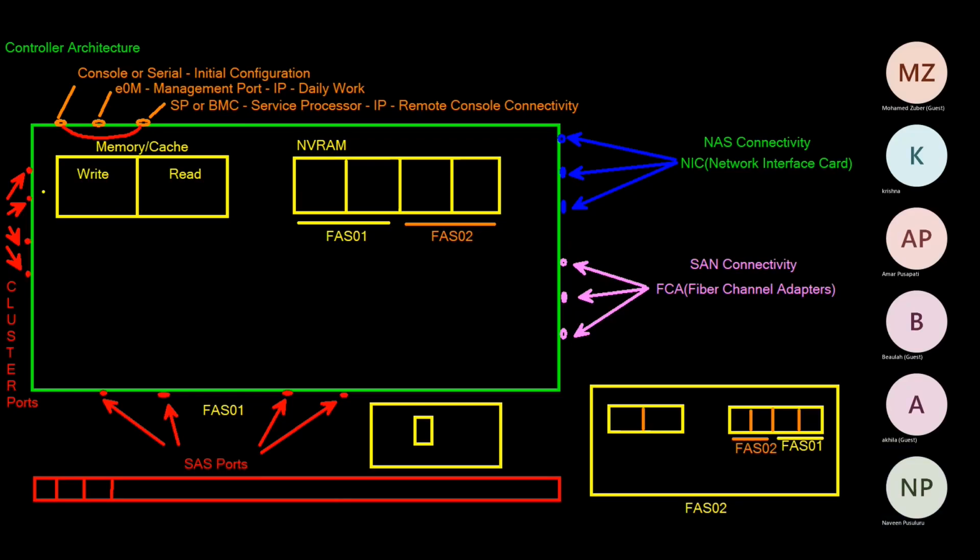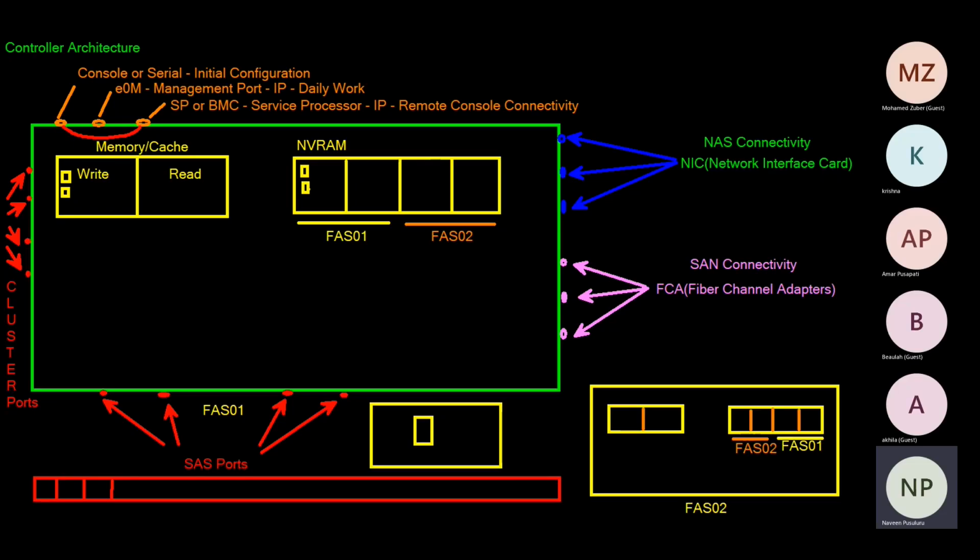Initially, whatever data is written by the client, it will copy it to the write part of the cache. The same data journal will be copied to one of the local NVRAM parts.